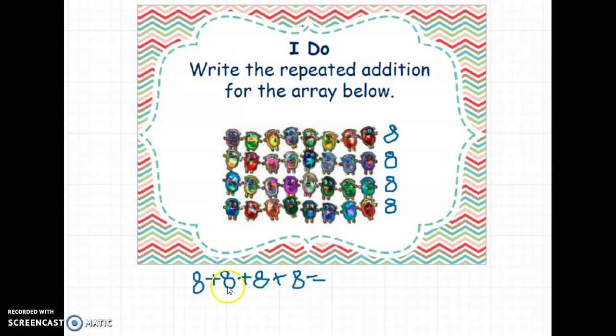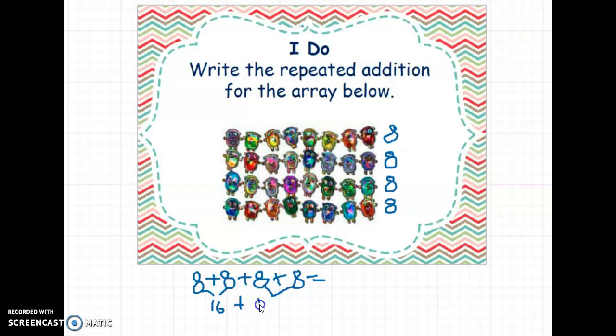I know that 8 plus 8 equals 16. And I see I have another double over here, so I can go 8 plus 8 again.